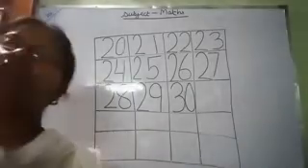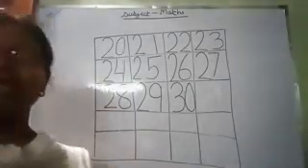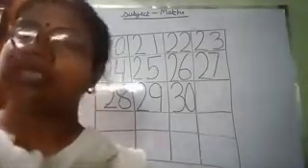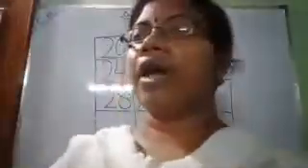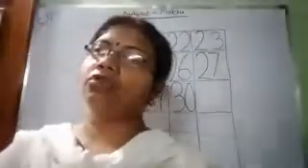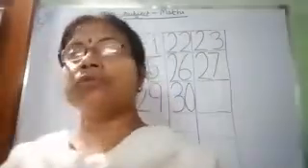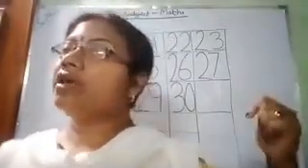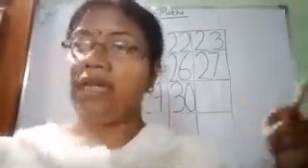Okay, children, I want to say something. After 30, I will make you say up to 50. You know very well how to say also. Now you have to write the things. Whenever you are writing in your copy, you will write the number and say.